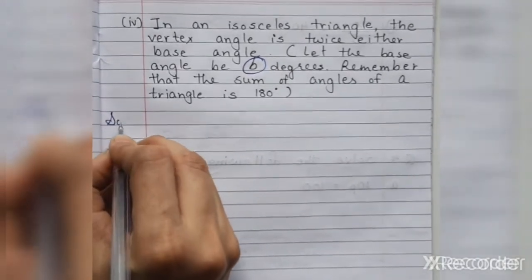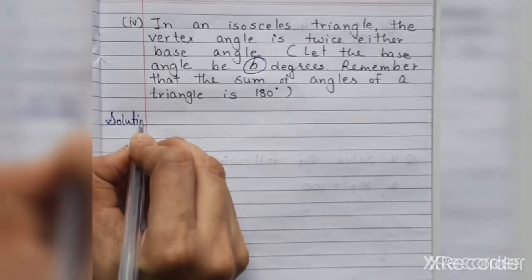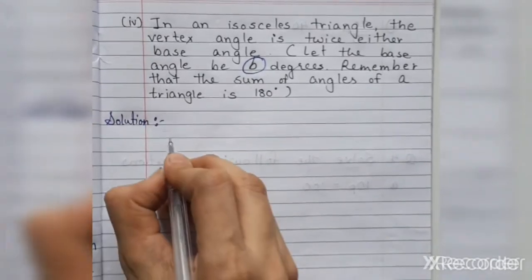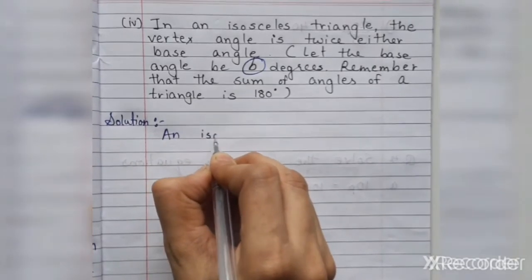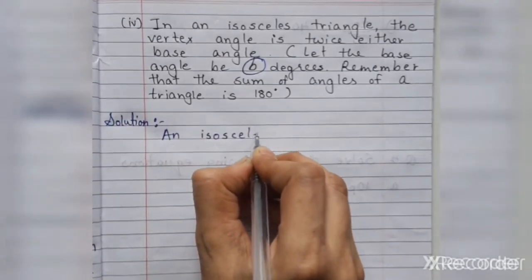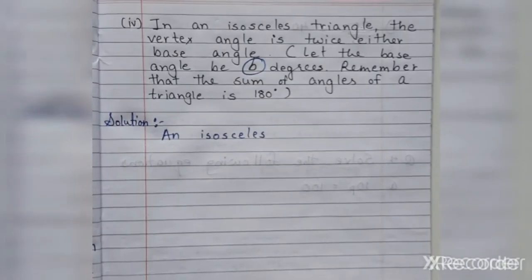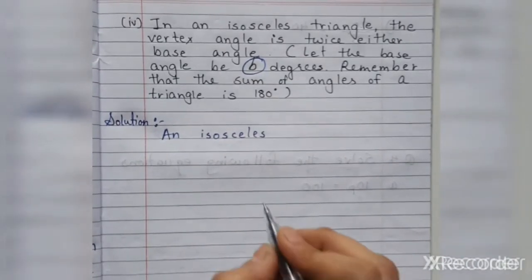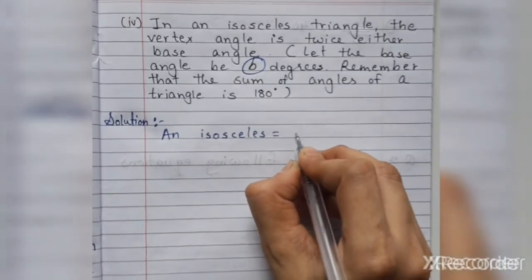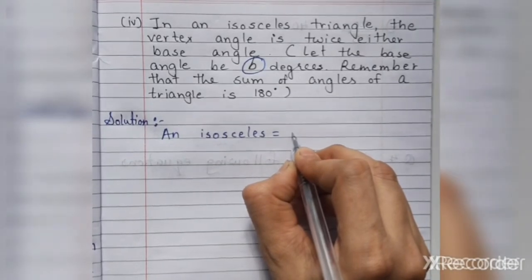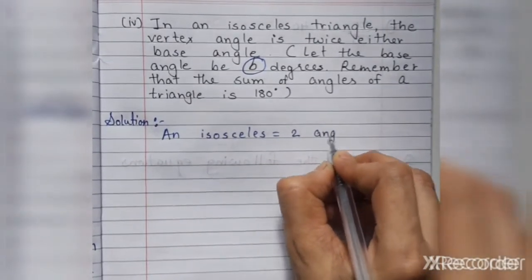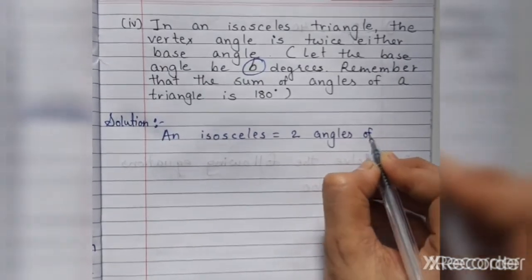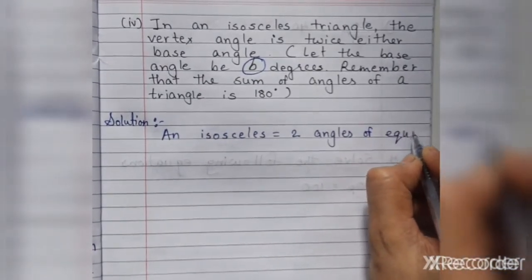Let's solve it. An isosceles triangle, we know that isosceles triangle have two angles of same measurement. So isosceles triangle equals to two angles of equal measurement.